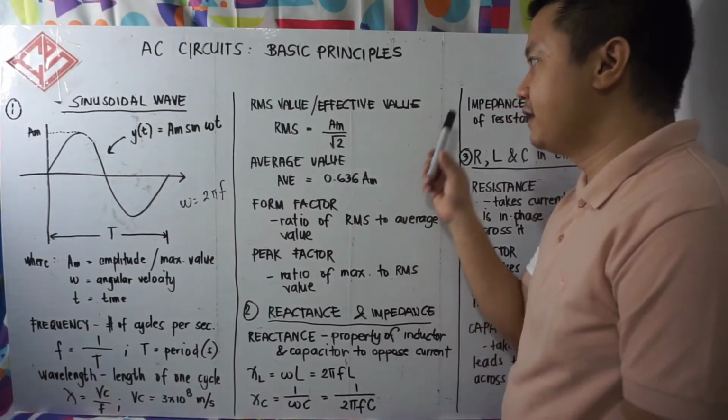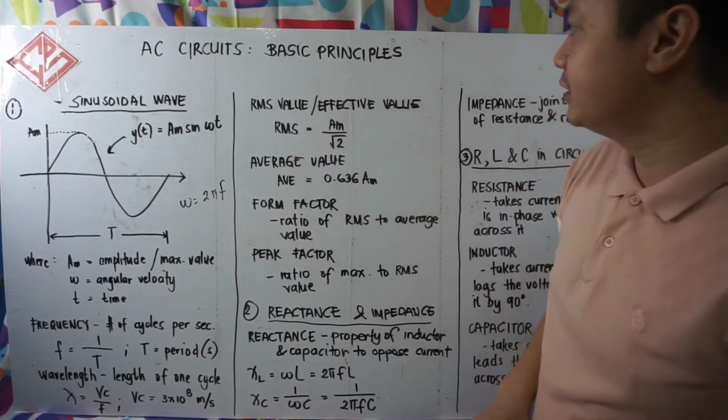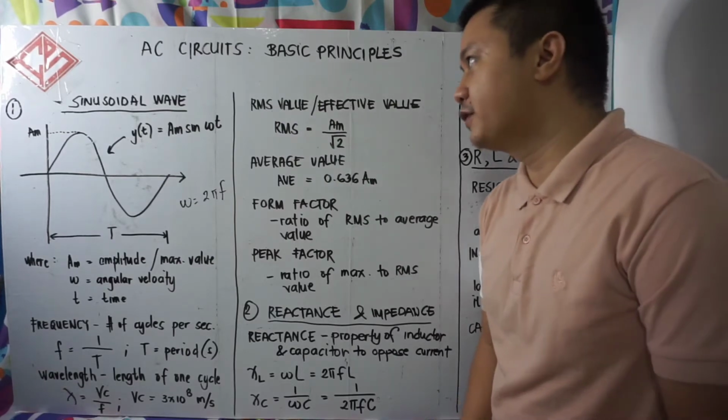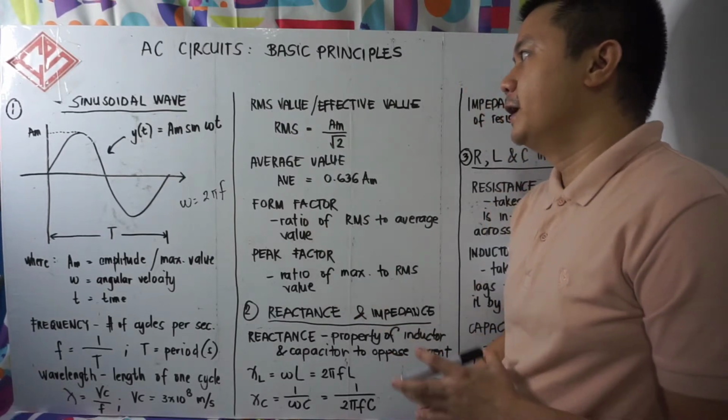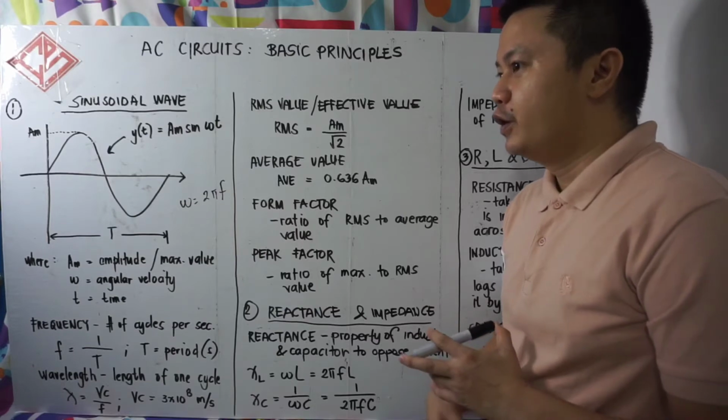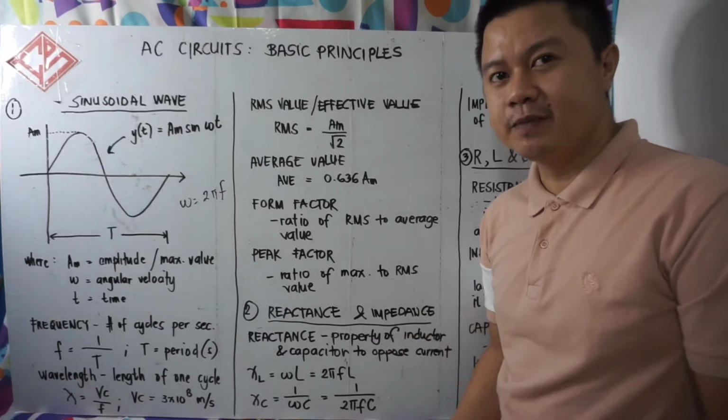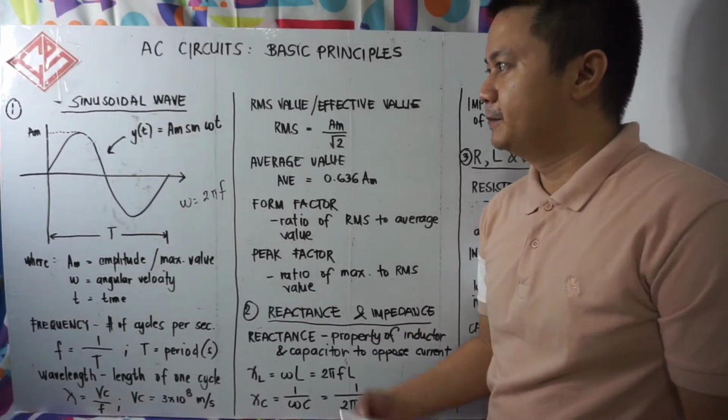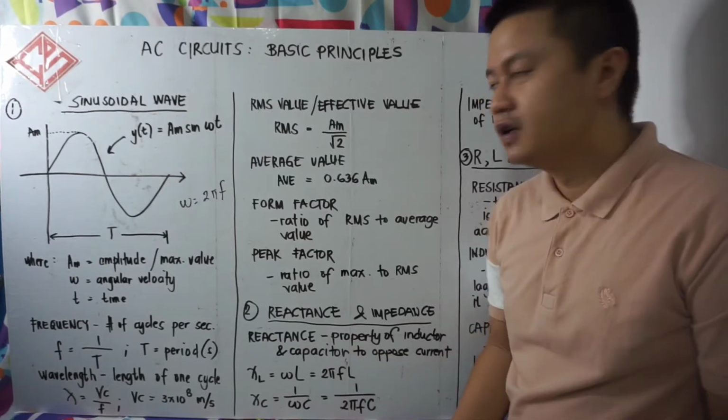So the RMS value or effective value of alternating current. Take note that for AC circuits, your source or your supply is a sinusoidal wave function.